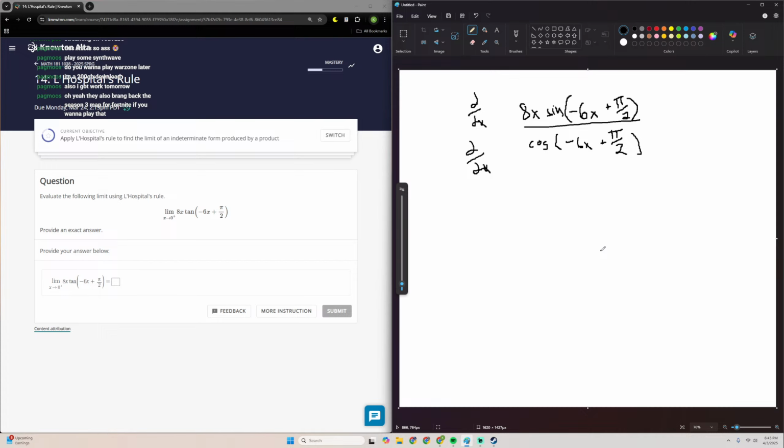Oh, whoops, sine pi over 2, divided by cosine. I'm just gonna assume that it's just that. No, times by 0, so it's just 0. 0 over 0. Yeah, that's not good. After taking the derivative of top and bottom.